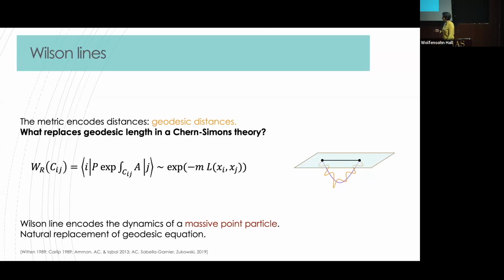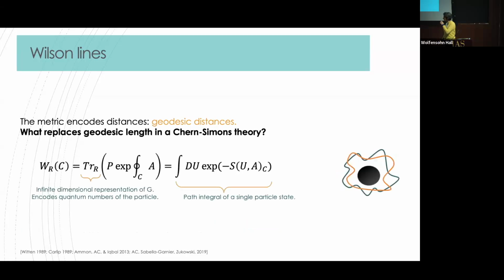Now, to be a little bit more precise, we're going to be looking at loops. If you do a loop, basically this is a trace over a given representation. You can also think of it as a path integral of that point particle. And the information, the part of this formula that tells you the mass of the particle, is basically the representation that you're putting in there.